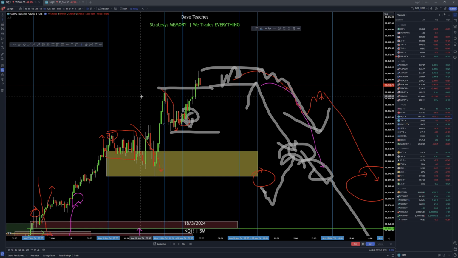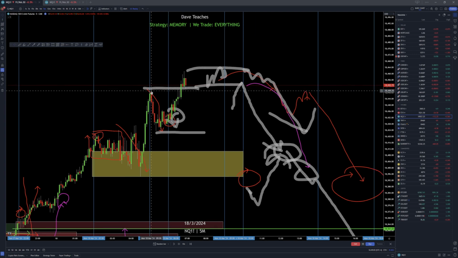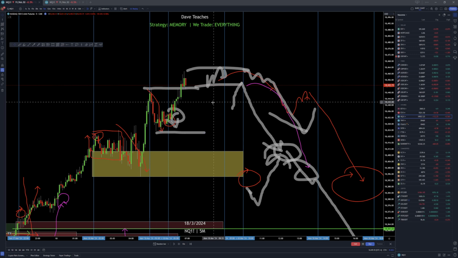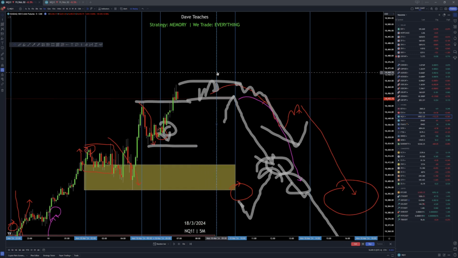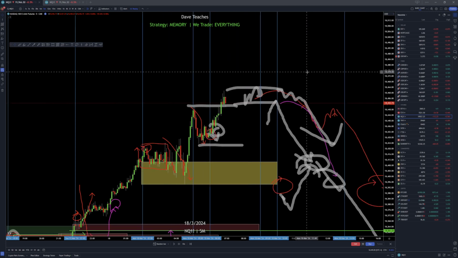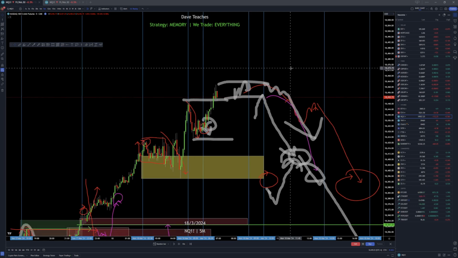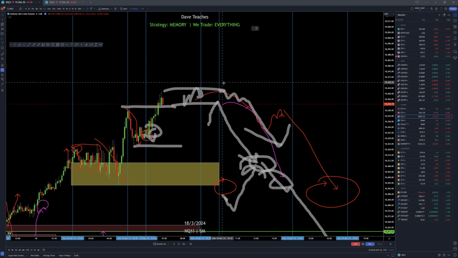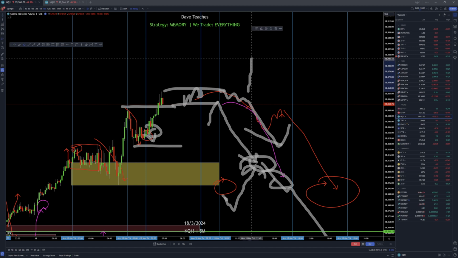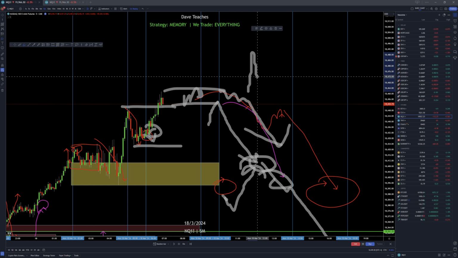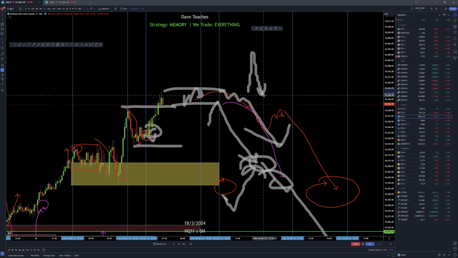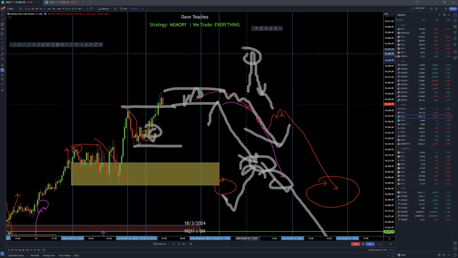So the job of 5 o'clock is that it provided the manipulation to create the wick on the 4-hour candle. Trade it back in. Right? So the job of 9 o'clock into 10 is essentially the same thing. And that's why sometimes you can see 9 o'clock open up like this, 9:30 open up like this, and by the time we had 10 o'clock, we already moving down the other way with that there.